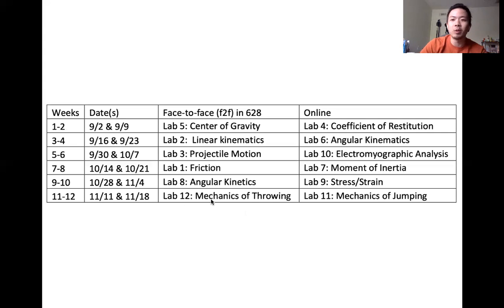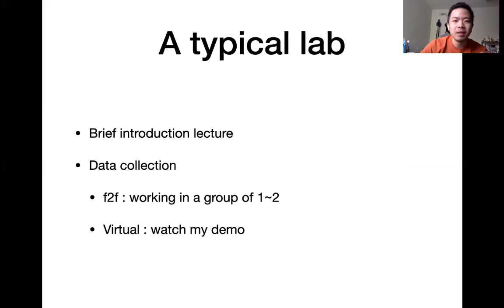We have 12 labs in total. A typical lab starts with a mini lecture where I briefly introduce the concepts you'll need to finish the lab assignment and understand what we're doing. Then we'll be divided into several groups, probably 3 to 4 groups with 2 people in each, and we'll do data collection with your group mate.